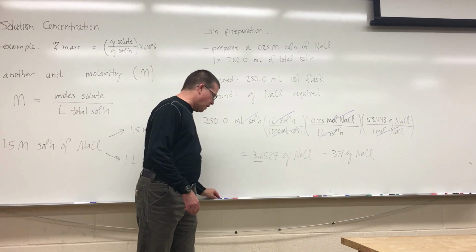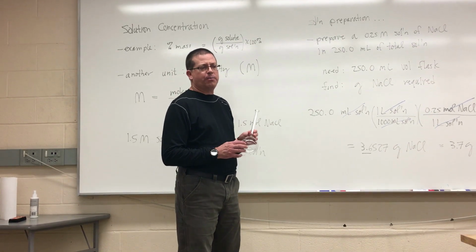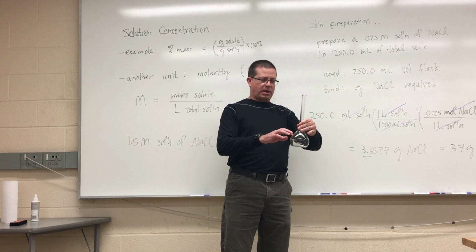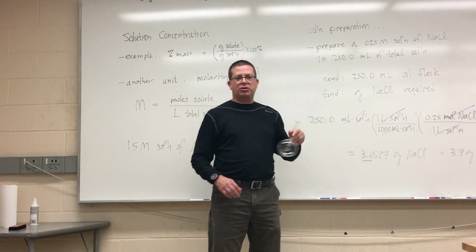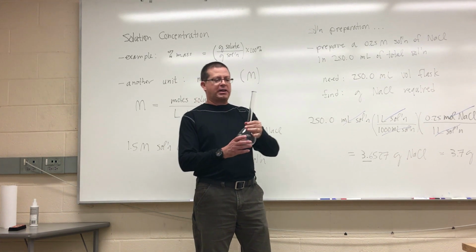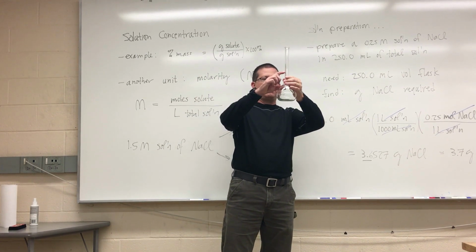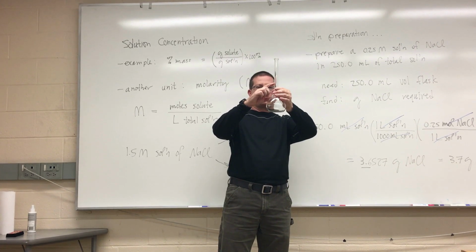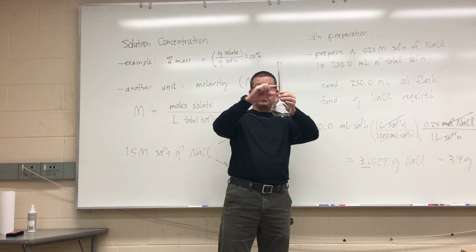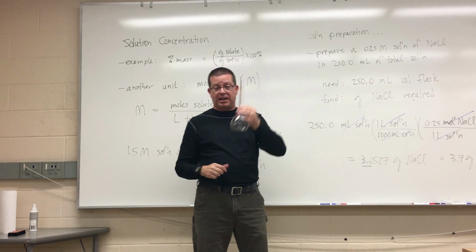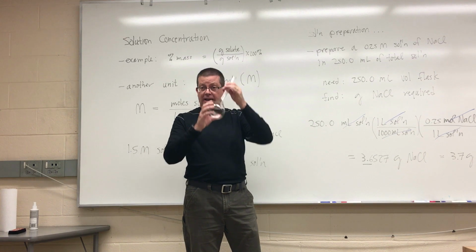So as I mentioned, what I would do is weigh that amount of sodium chloride out and put it into the appropriately sized volumetric flask. I'd add water, maybe to about the halfway point. I would swirl the flask until all of the sodium chloride is dissolved. Then I would carefully take my level of liquid up to the mark that's etched into the side of the flask, such that the low point of the liquid, the meniscus, just touches the mark on the flask.